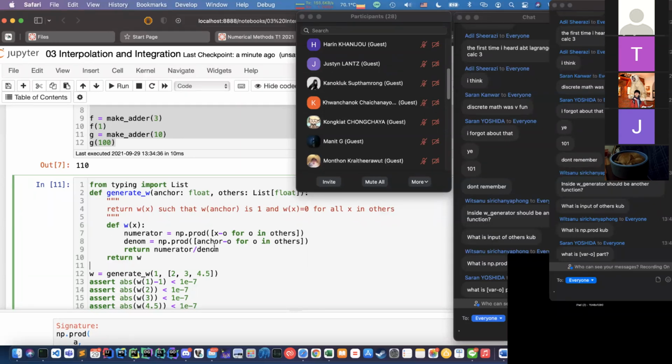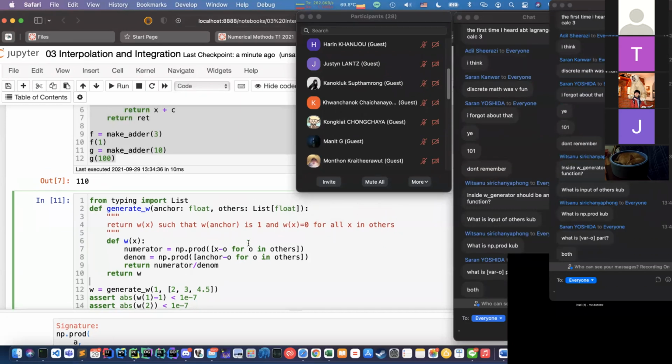Which line, 7 or 8? So it takes X from here, and I say give me the list of X minus the value of O for all O in the others. So you can do this.